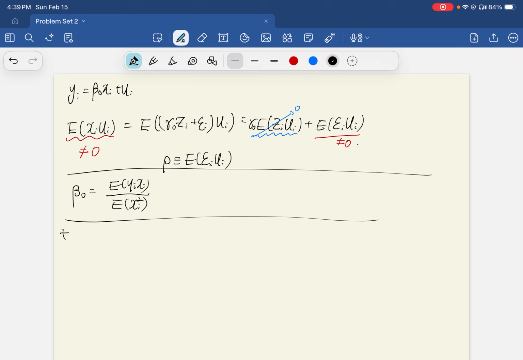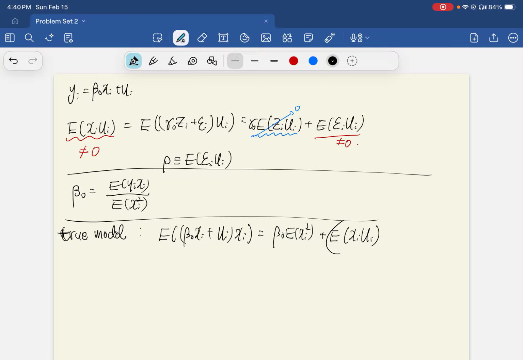So the true model for x implies the expectation of y_i x_i, which is beta 0 times expectation x_i squared plus expectation x_i u_i. Now, this guy actually equals rho here, as I assumed above, right?